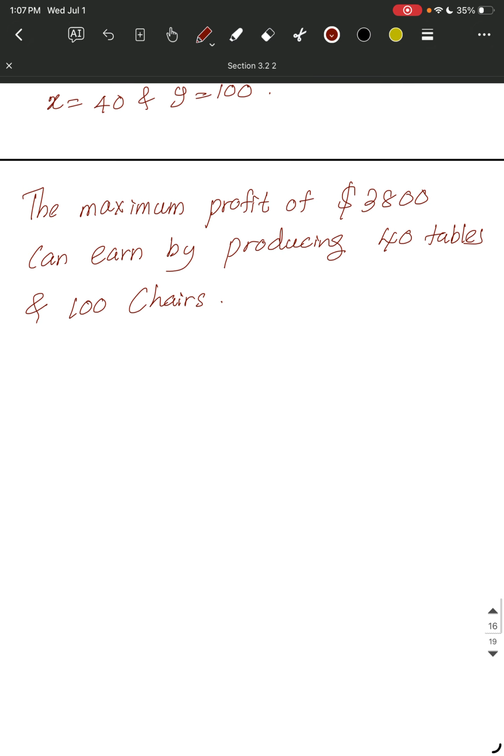One additional example. Try it by yourself. Suppose we wanted to maximize z equals 5x plus 8y.